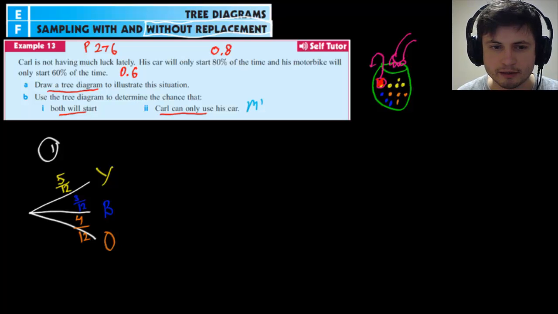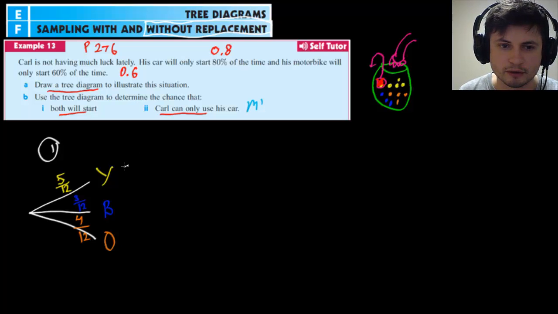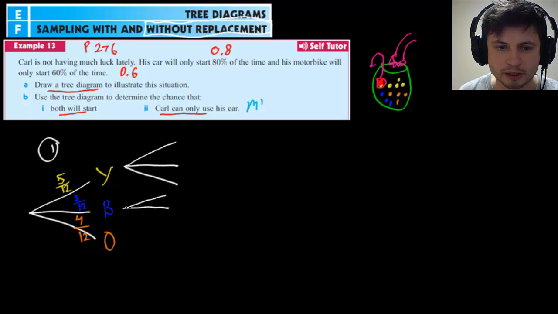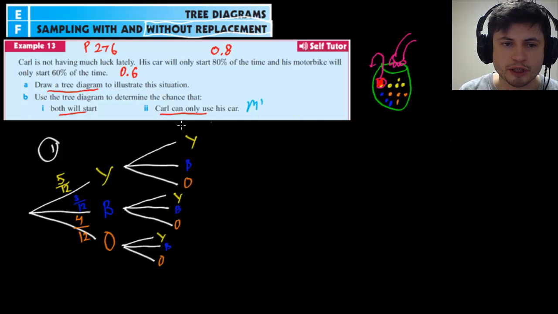So for our second event, our second level branch, we're going to have something very similar, except that the numbers will change. What will change here is, of course, the total number of marbles and the number of yellow marbles. Now we only have 4 yellow marbles left, and the total number of marbles is 11.